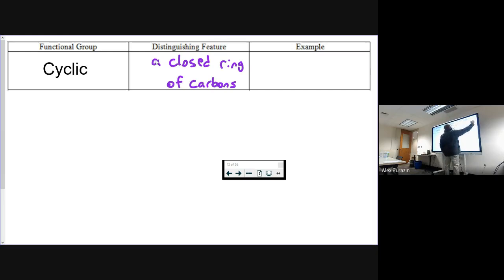So instead of having it be a chain, I can close that ring on itself. 4, 5, sure. Something like that. Okay. So instead of the chain just going on with an end on either side, we can have a carbon chain closed and make a cycle, or a cyclic molecule. This would be called cyclohexane.